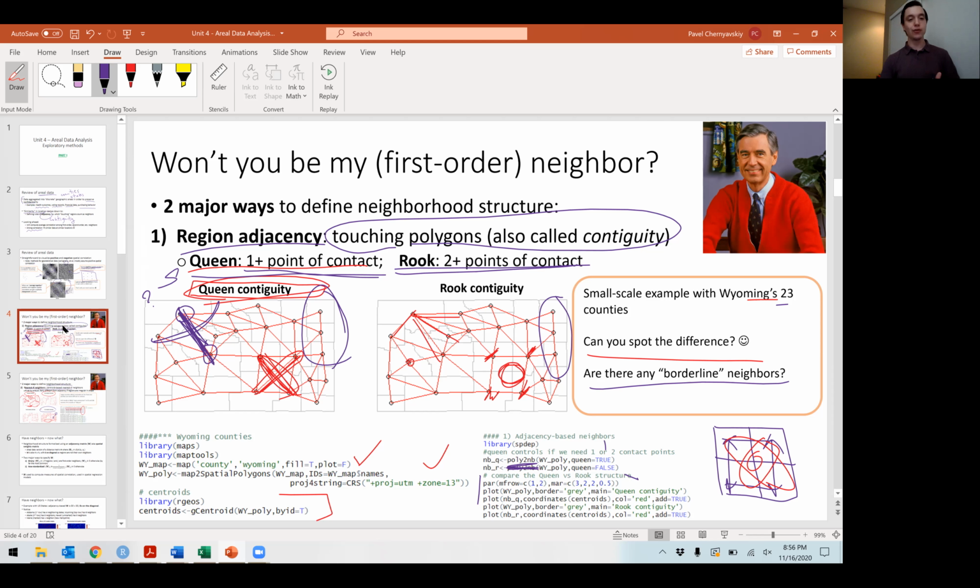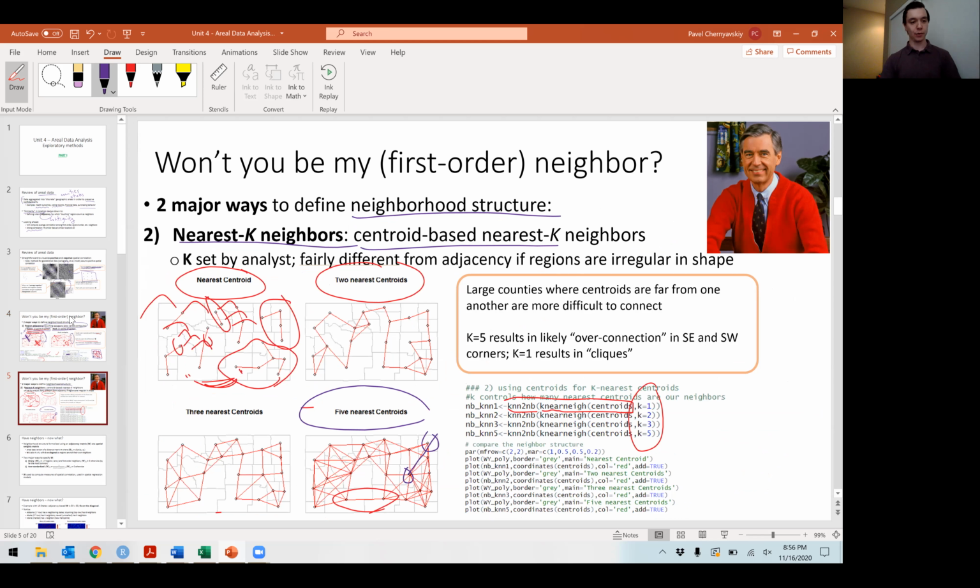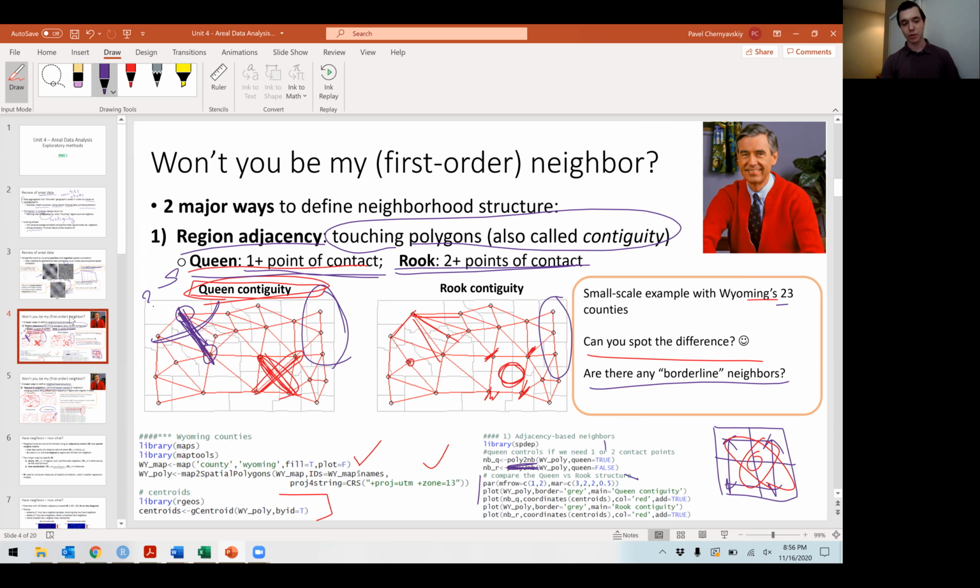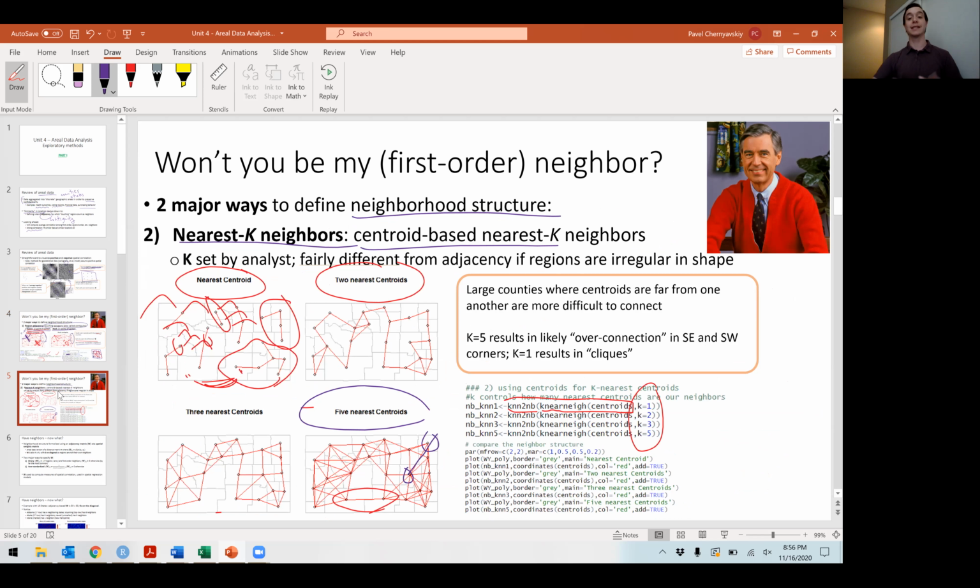These are the 2 major ways, through queen or rook contiguity and really just queen, or through these nearest k centroids. But you have to make decisions that are defensible, and you can base those in something like an information criterion, in your knowledge of the area or prior literature. You could say, hey, about every other person who has done this analysis has used the queen contiguity, and so will I. That's science. Moving on.